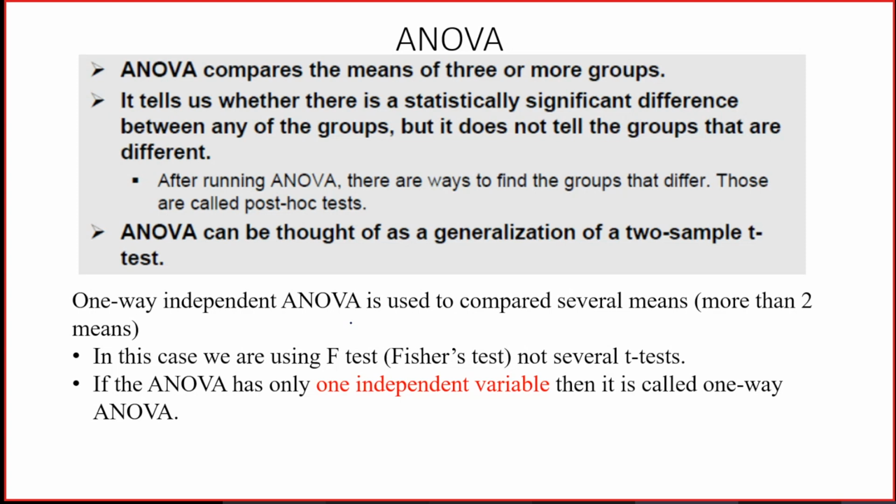Now, this ANOVA tells us whether there is a significant difference between or within any groups. That's all. But this never tells us the groups are entirely different.